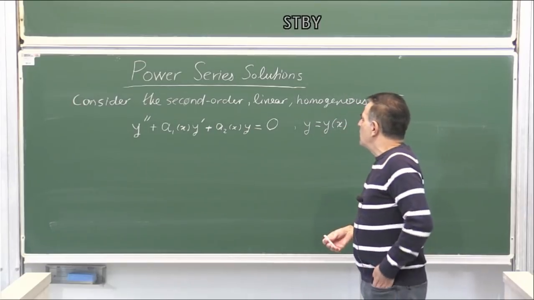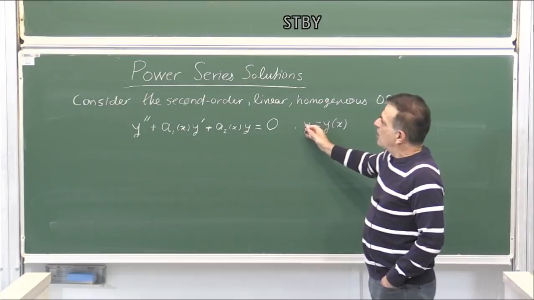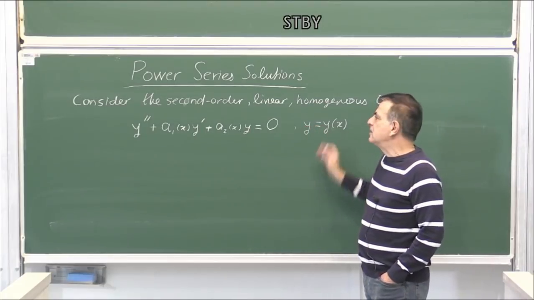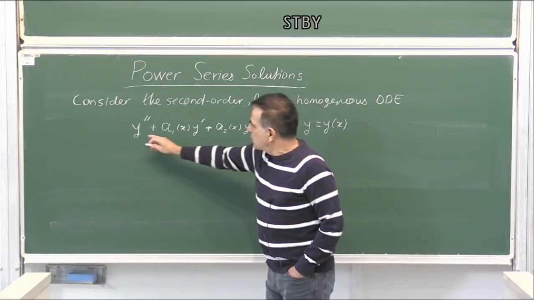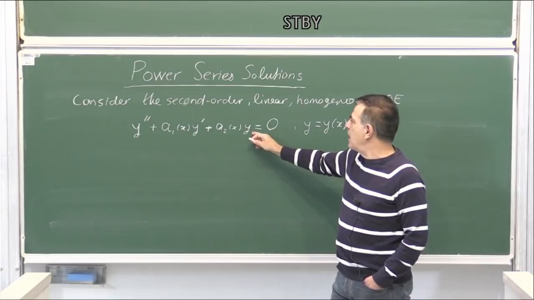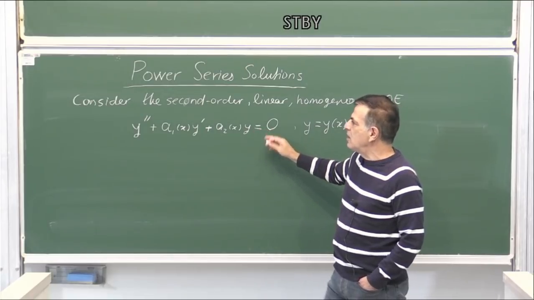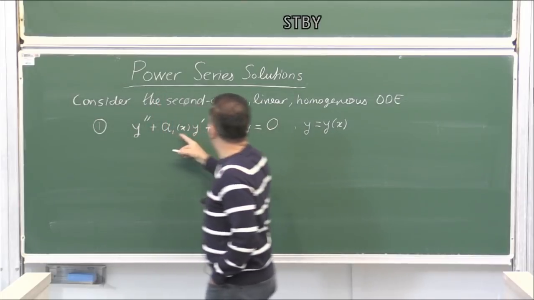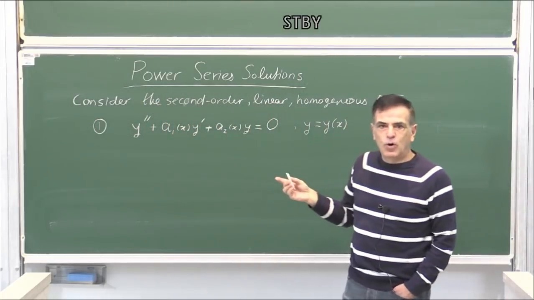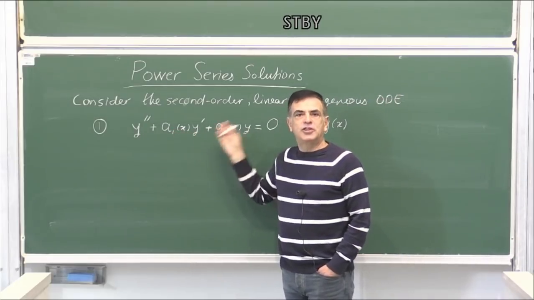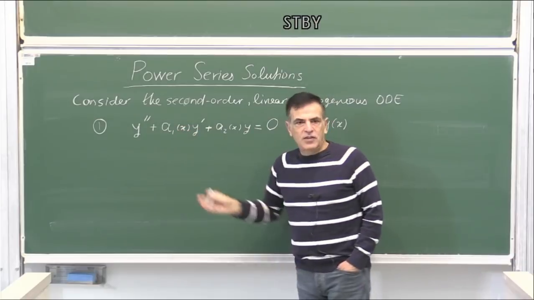Now we are looking for a function y which depends on x. As you see, this is the standard form or reduced form of a second order linear homogeneous ODE, let's say (1), where a1 and a2 are the two coefficients which are functions of x.